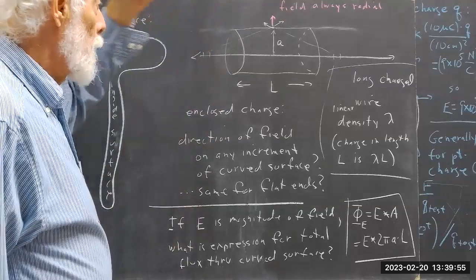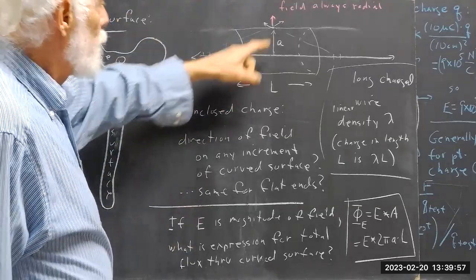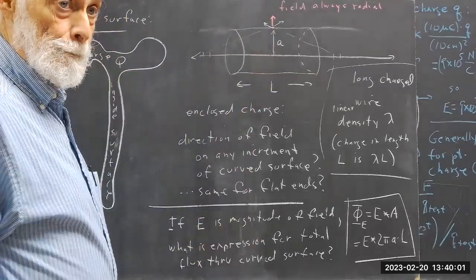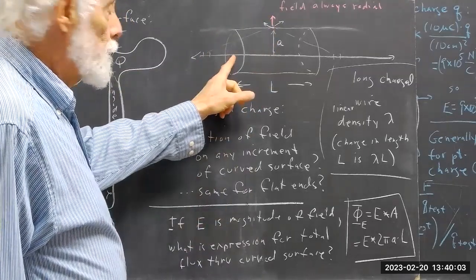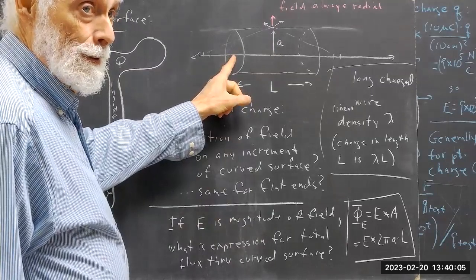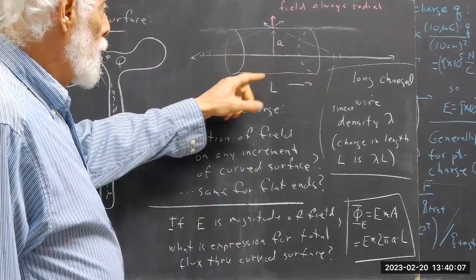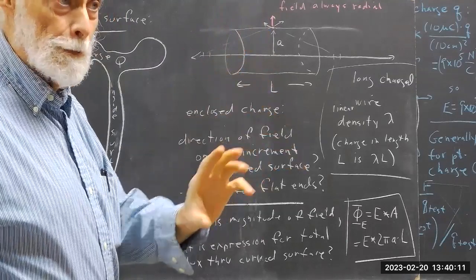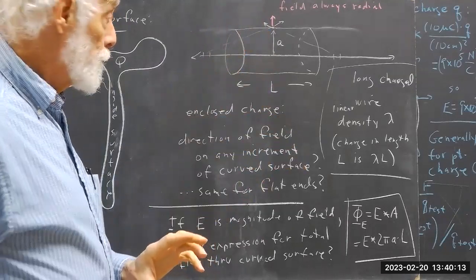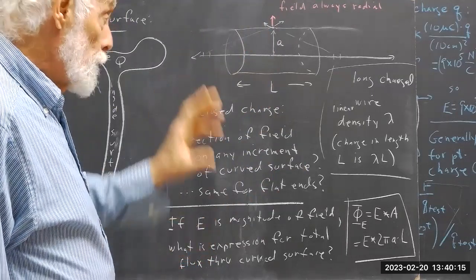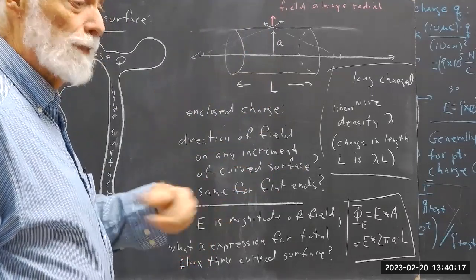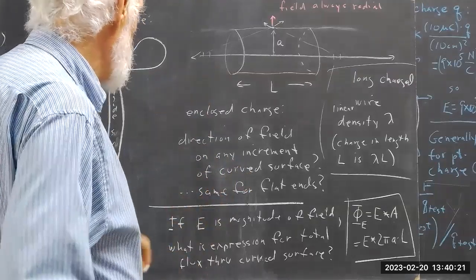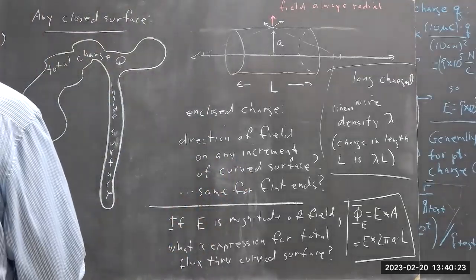We haven't really proved that though. But we have proved that the field is always perpendicular to the wire. And the end is perpendicular to the wire, so the field is always parallel to the end. So the field never penetrates the ends.